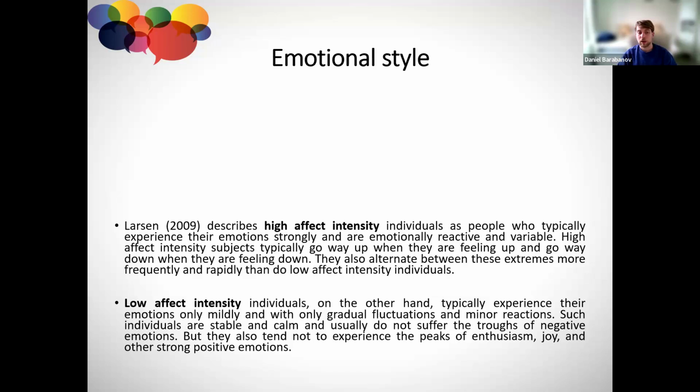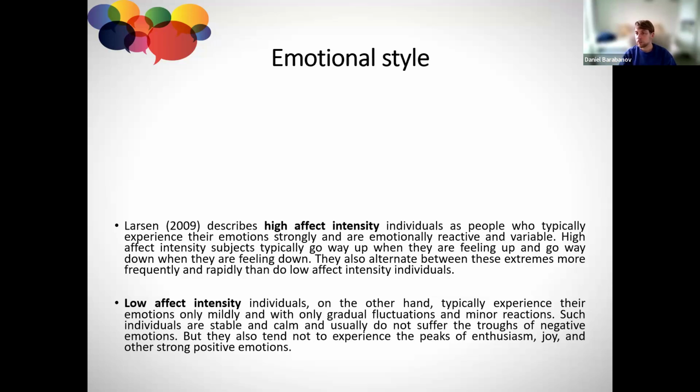First of all, high affect intensity. These are people who experience their emotions strongly and are very reactive. When they experience emotions, they are strong, so they have strong ups and downs. People with low affect intensity experience emotions that are much weaker and milder, so they don't experience this roller coaster with their emotions, and they're much calmer on average in their life.